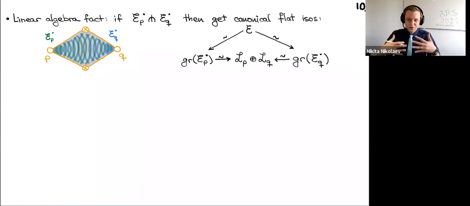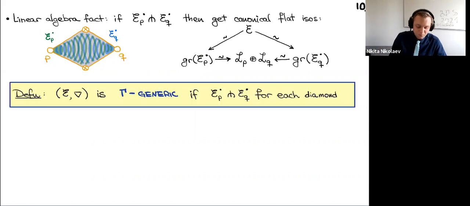But if you have two filtrations which are transverse, they give you canonical isomorphisms with the associated gradeds. So now in each diamond, you have canonical comparisons between your original vector bundle and this diagonal thing that you get by taking the associated graded.